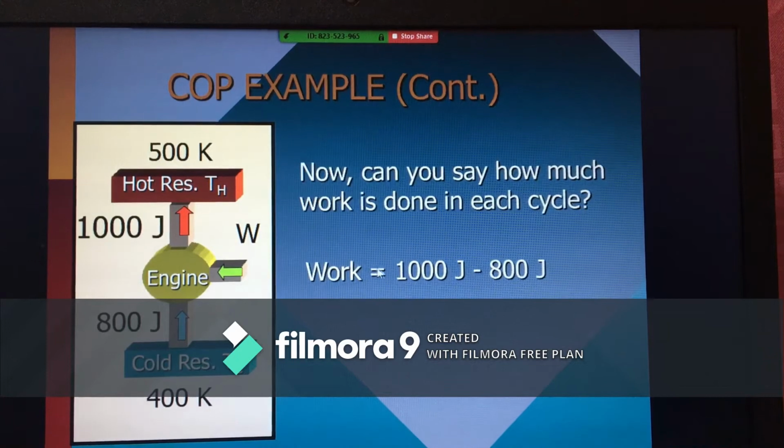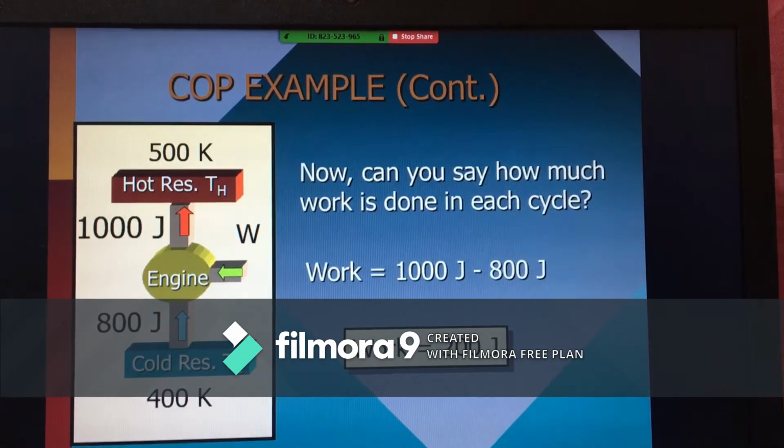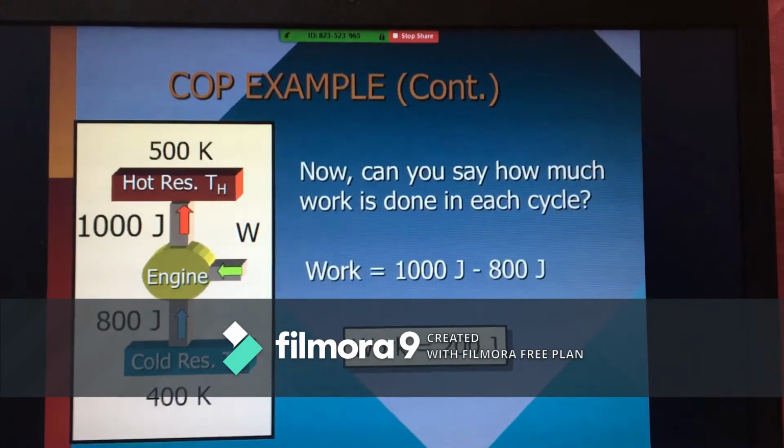Okay, so you have work equal to 1000 joules minus 800, so therefore work is equal to 200 joules. Alright, any questions so far? Wala po. Okay, so let's proceed.